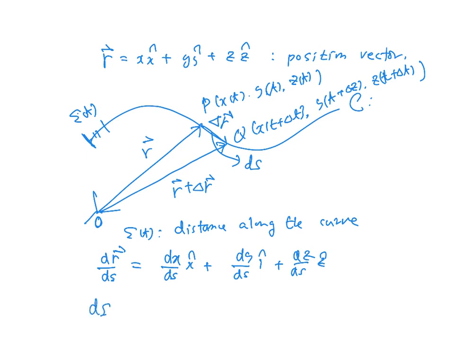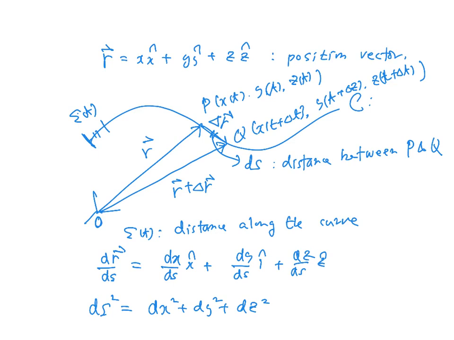So actually ds squared is the same as the change over dx squared plus dy squared plus dz squared. So that's the distance between the two points P and Q.